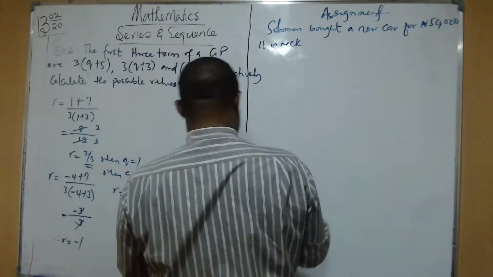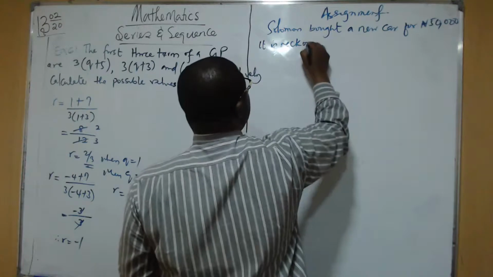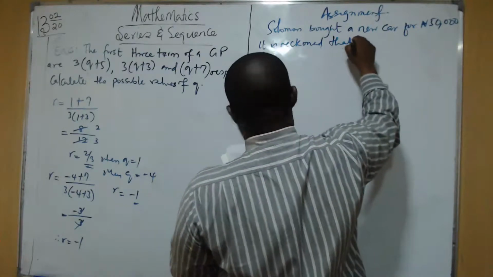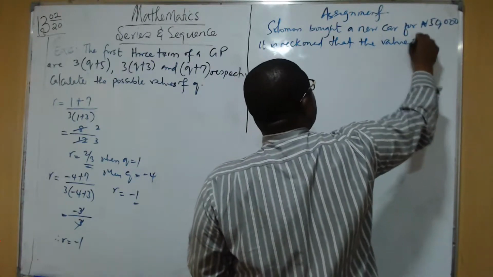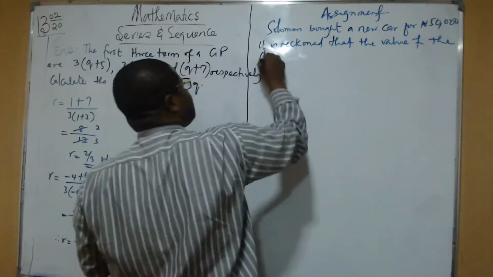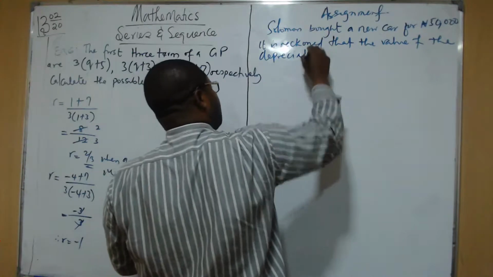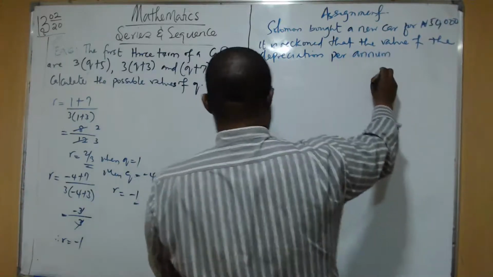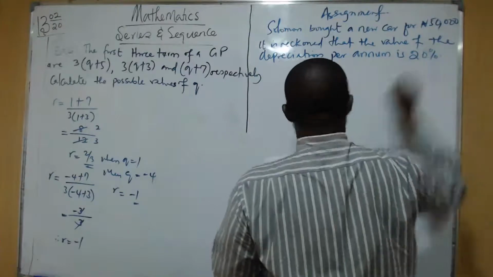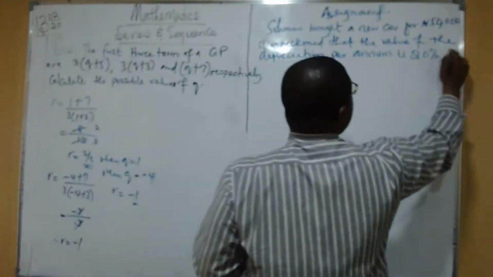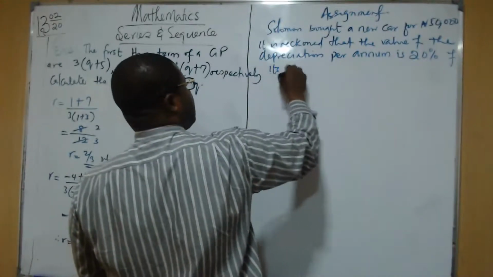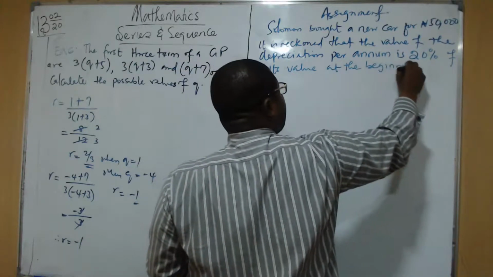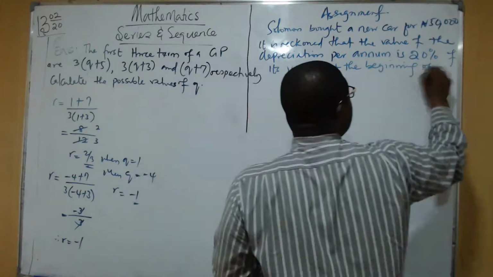It is noted that the value of the depreciation per annum is 20 percent of its value at the beginning of the year.